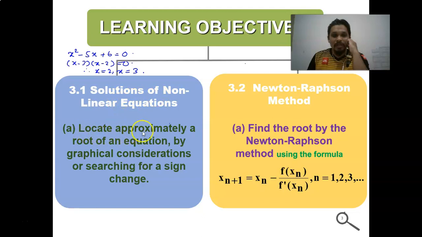First, we're going to locate approximately a root of an equation by graphical consideration or searching for the sign change. And Newton-Raphson method, find the root by Newton-Raphson using the formula of this.